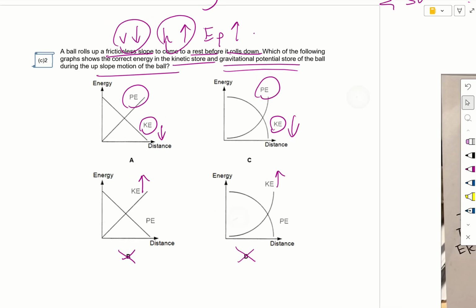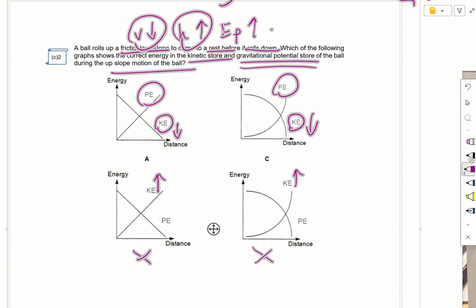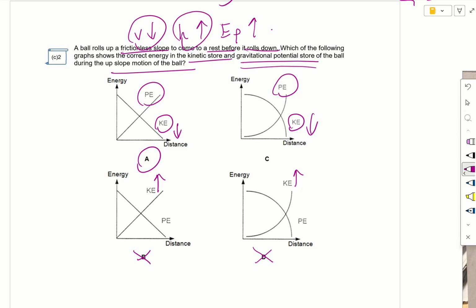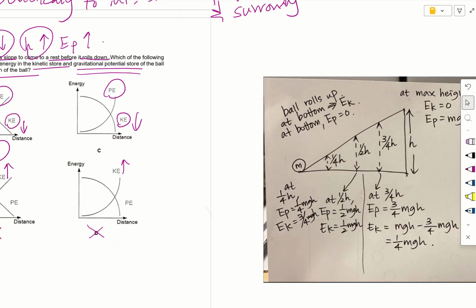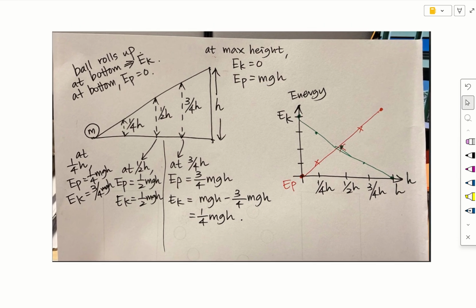All right. But there were some students who were asking why the answer is A and not C. So I came up with this quick explanation. At maximum height, EK is 0, EP equals mgh.